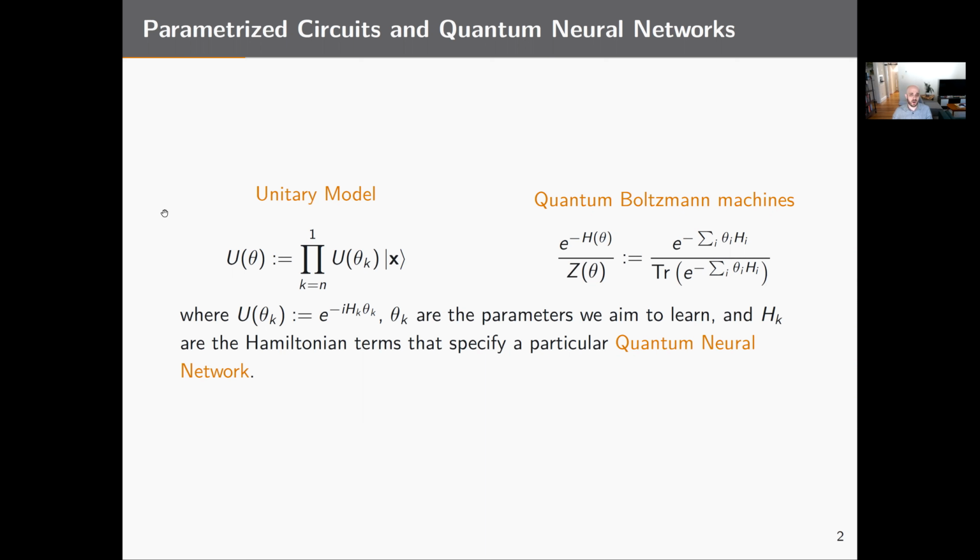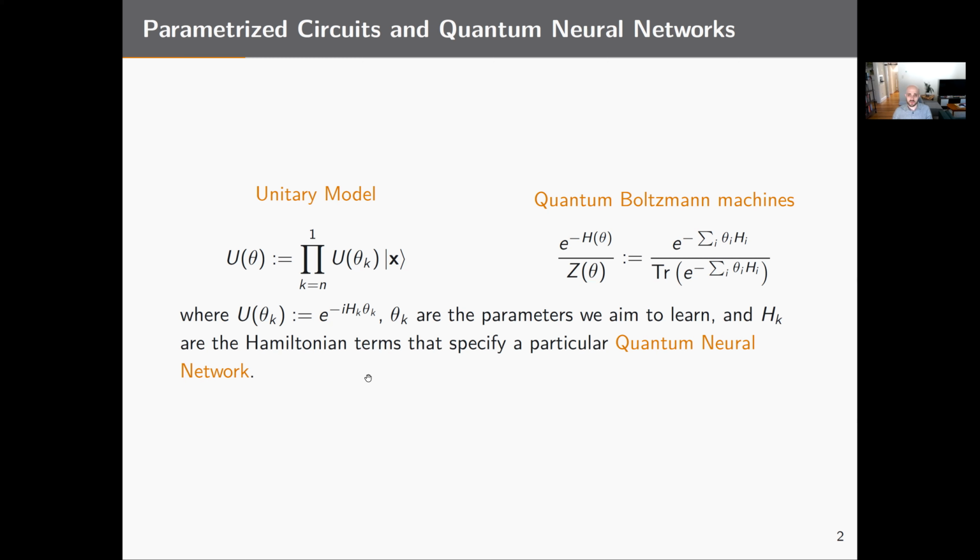In particular, the gate operations that we're going to be looking at are of the form e^(-i H_k theta_k), where theta are the parameters of the model that we aim to tune, and H_k are the Hamiltonian terms that specify a particular quantum neural network or parameterized circuit.